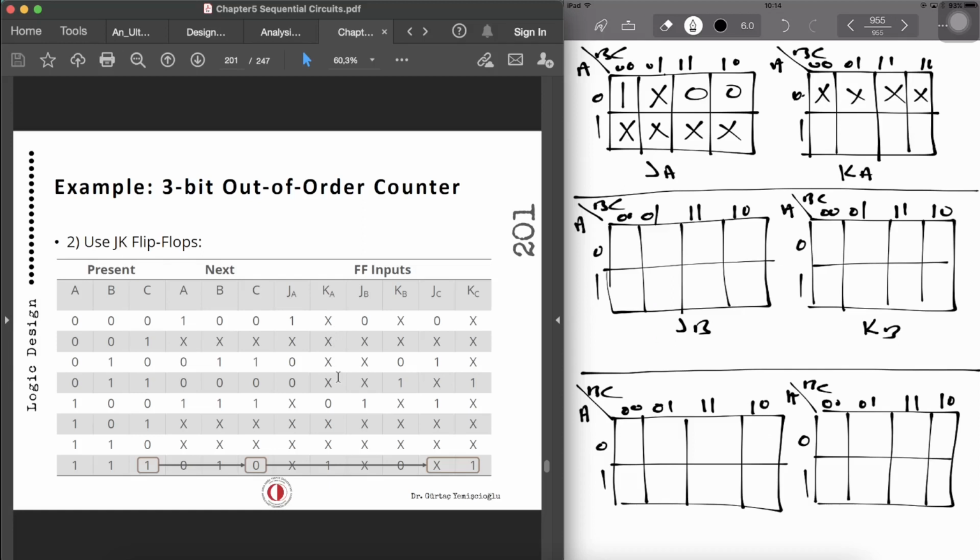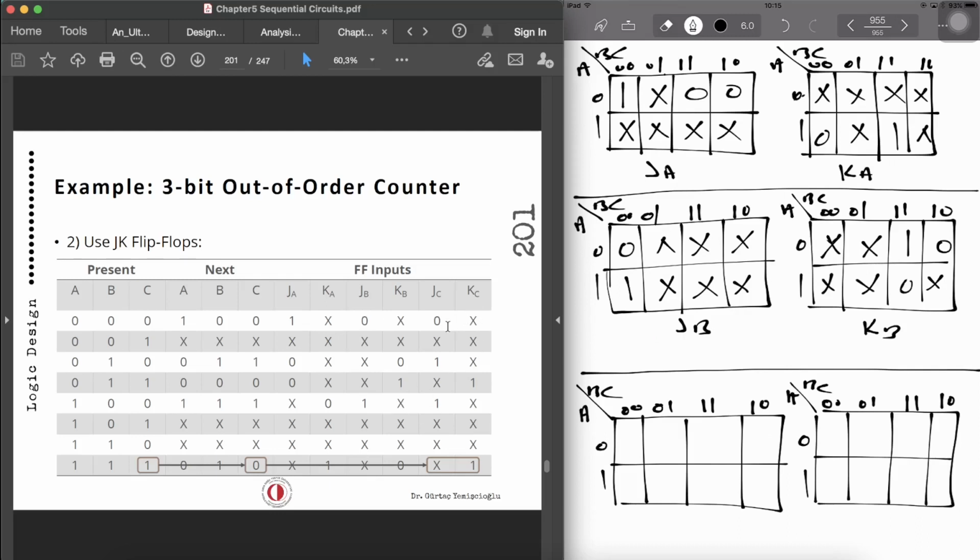And then 0, x, x, 1. Then JB: 0, x, x, x, then 1, x, x, x. Then KB is x, x, 0, 1. And then we have x, x, x, 0.